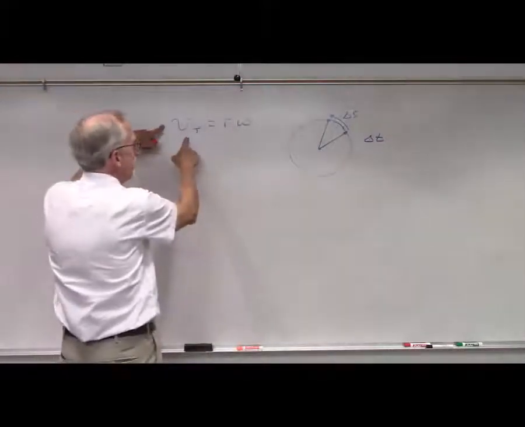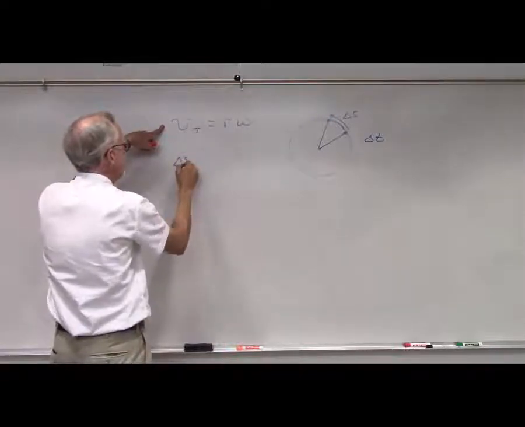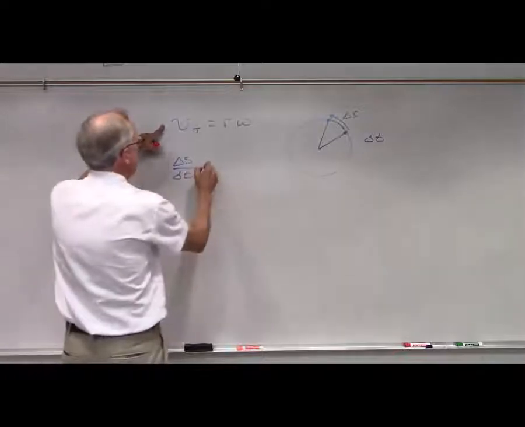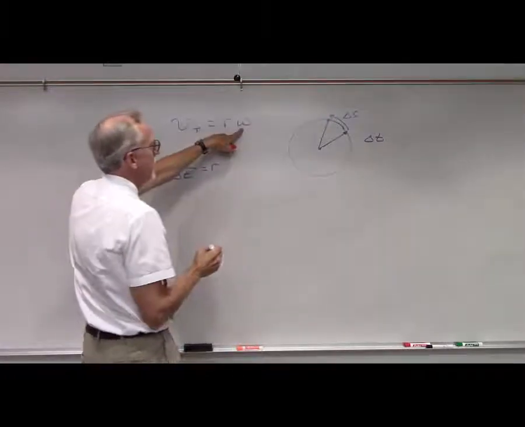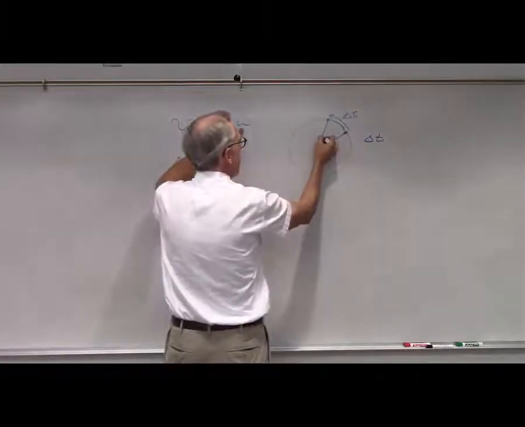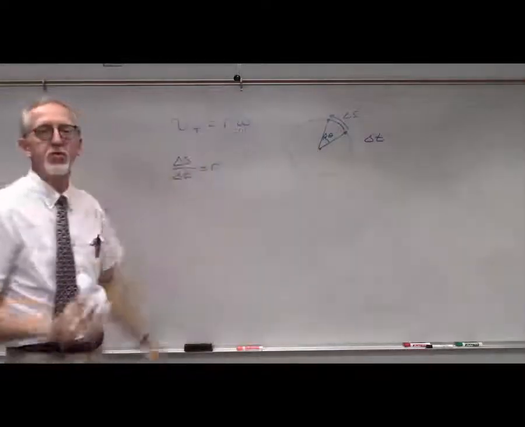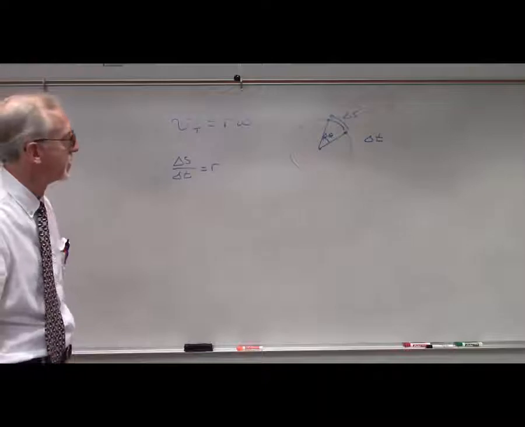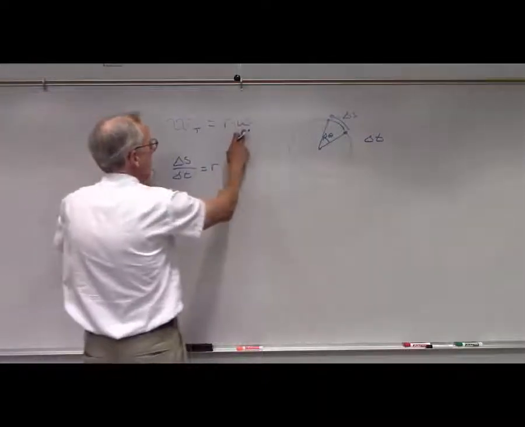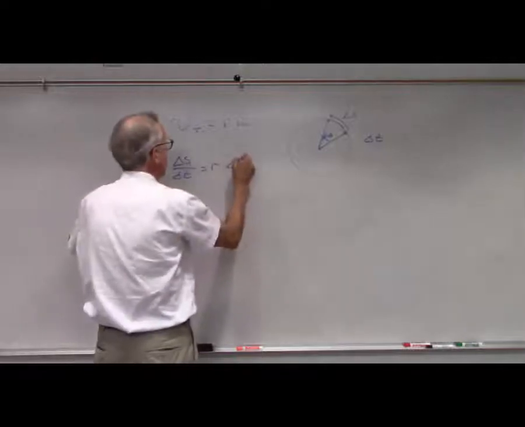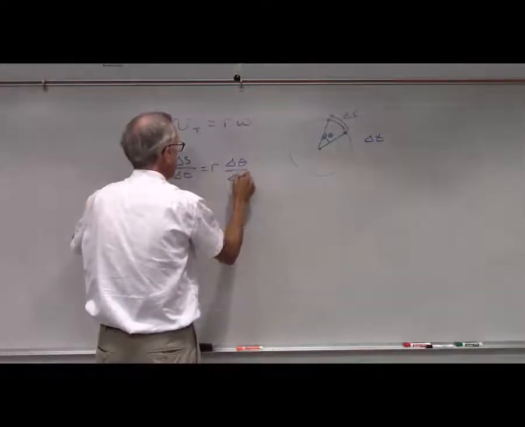So the tangential velocity we can think of as the distance over time, delta s over delta t. And this equals r times omega. Well, let's imagine that during this time, the point has rotated through an angular displacement of delta theta. So omega, which is the angular displacement over time, we can write as delta theta over delta t.